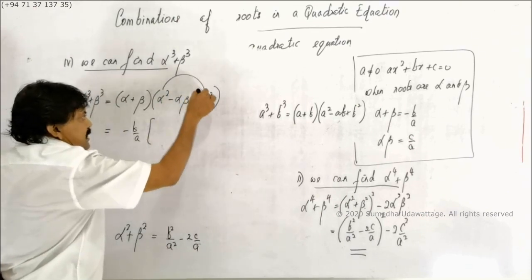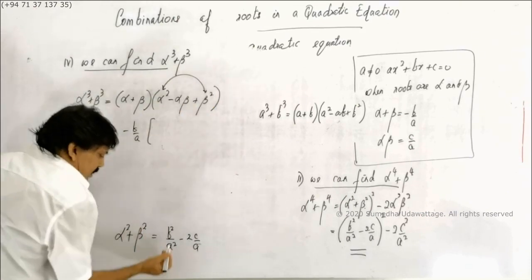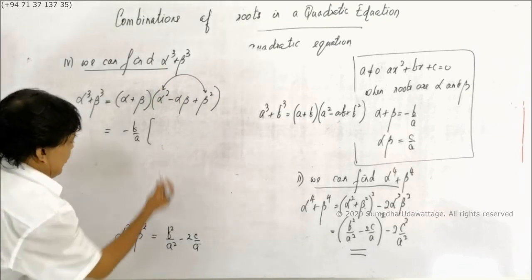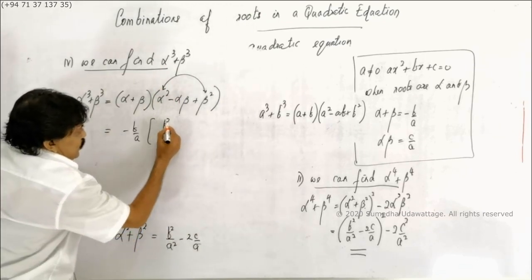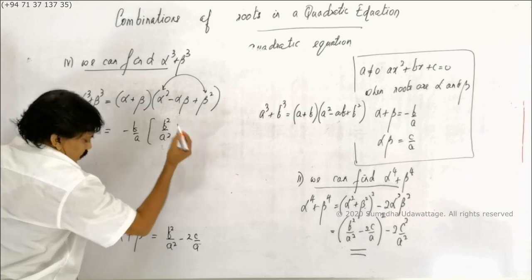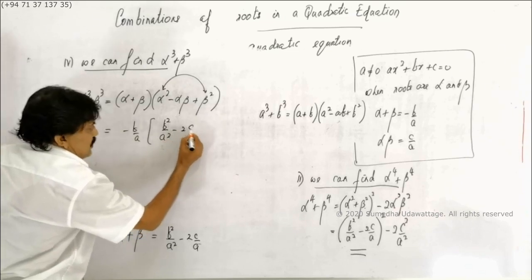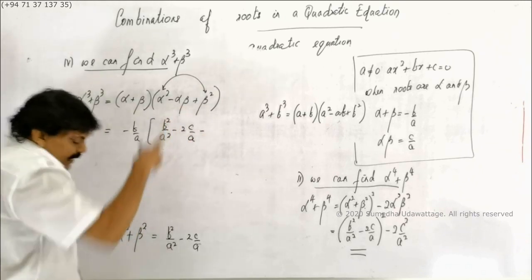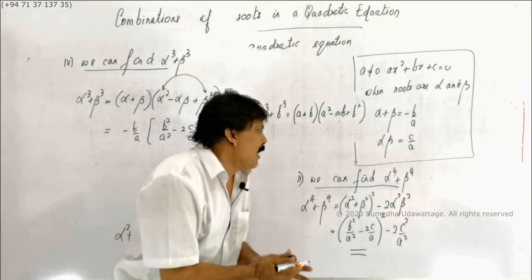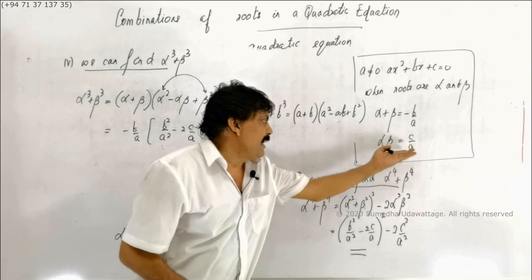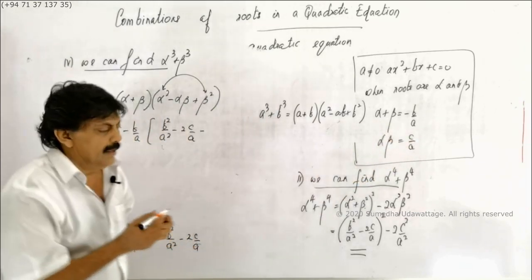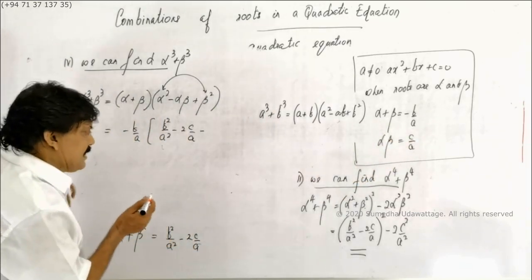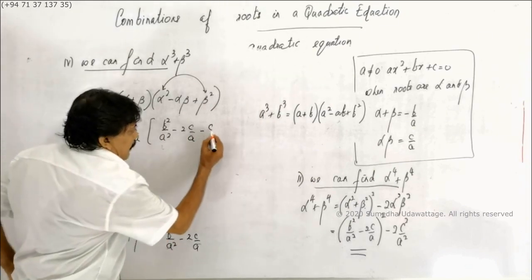Alpha square plus beta square was b square over a square minus 2c over a, minus alpha beta, and alpha beta was c over a.